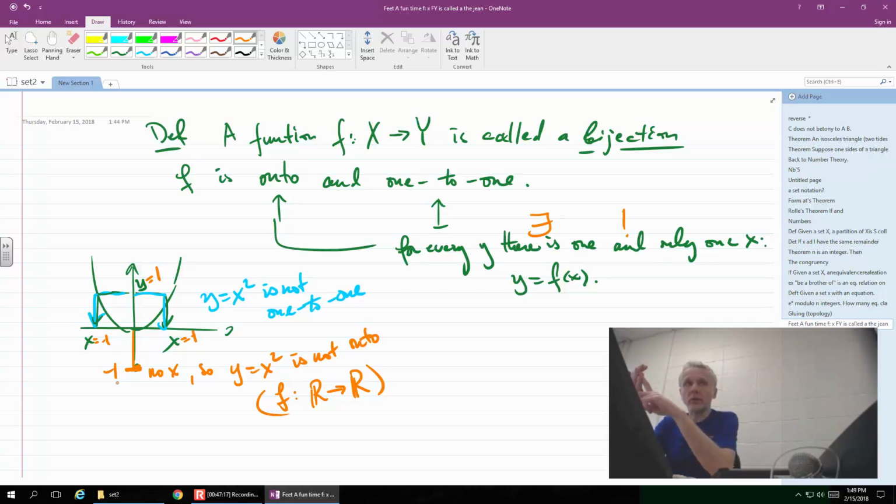So what is there to look at? There is plenty to look at, and in set theory there is not much else to do unless you look at this: is it one-to-one and onto? That definition certainly needs to be known. Okay, so we'll have to do some more of this next time.